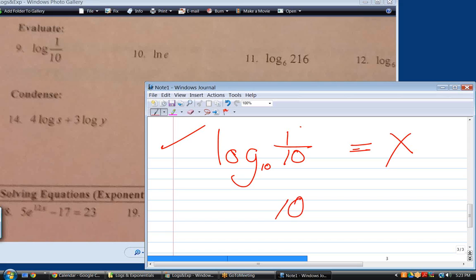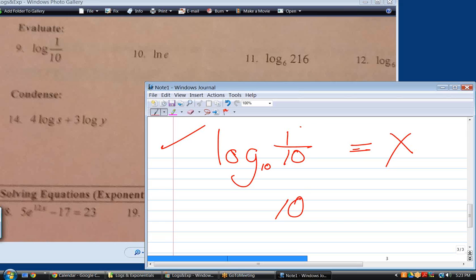What's the exponent of that base? If logs are exponents, what does the exponent of this base have to be?